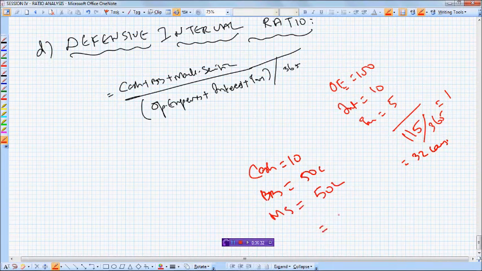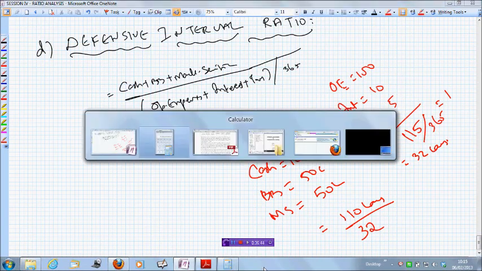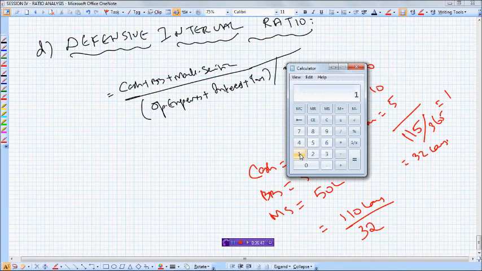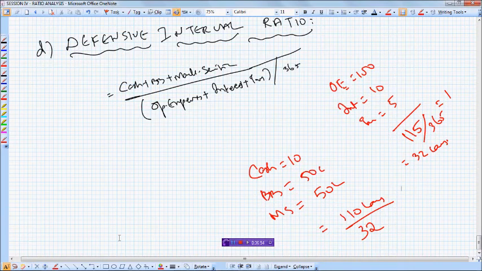So the company generally has 110 lakhs worth of cash on hand, and its daily expenses will be around 32 lakhs. Then the question is, how many days will this company be able to manage without raising any additional funds? If anything goes wrong, this company will be able to manage its situation for only around 3.4 days.